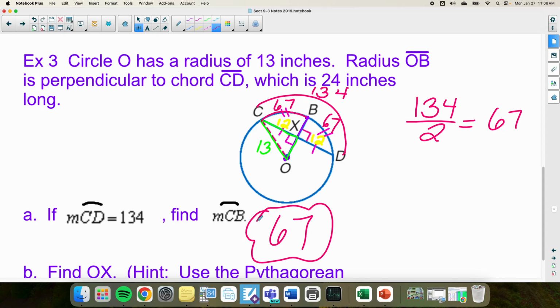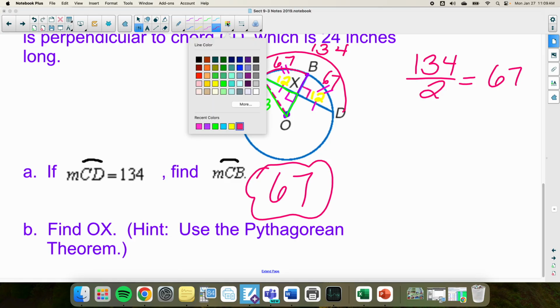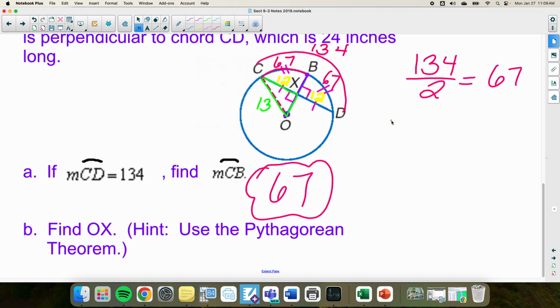The next one is where we're going to have to use Pythagorean theorem, because what they're asking us here is for O to X, which is right here. Again, we're using that green right triangle. You have a cheat sheet for this chapter that has the Pythagorean triples on it.